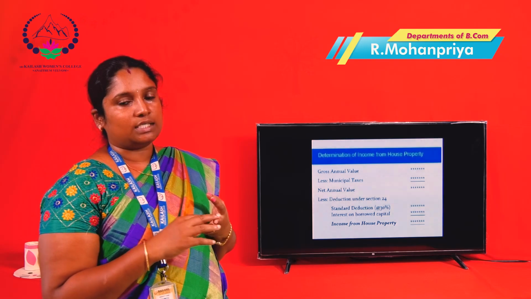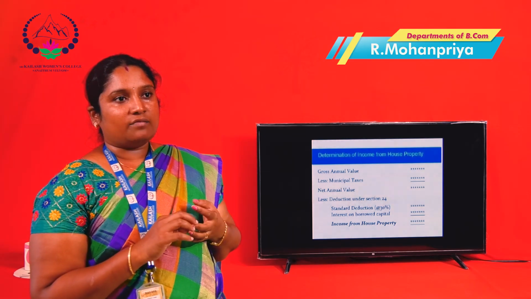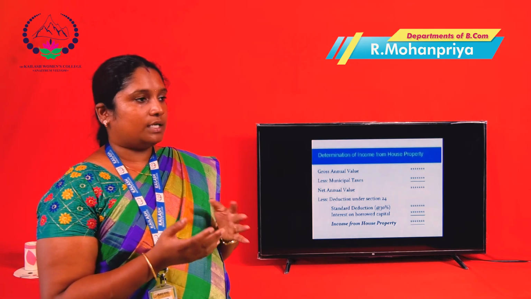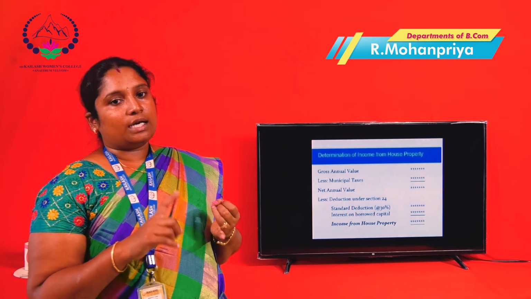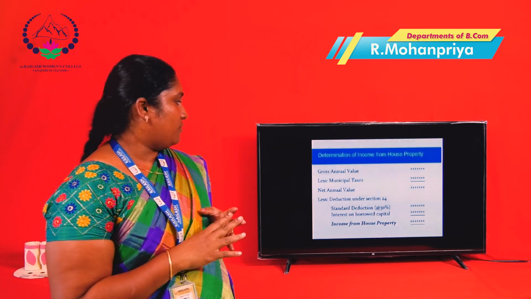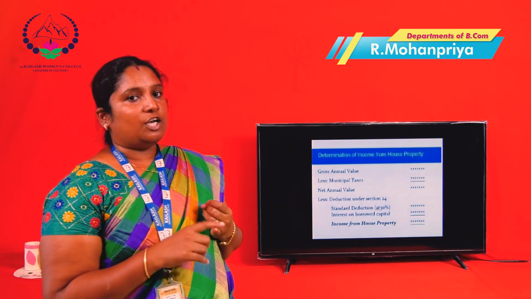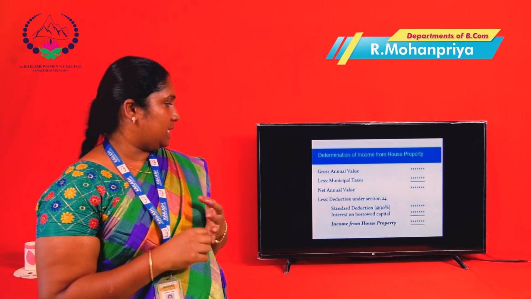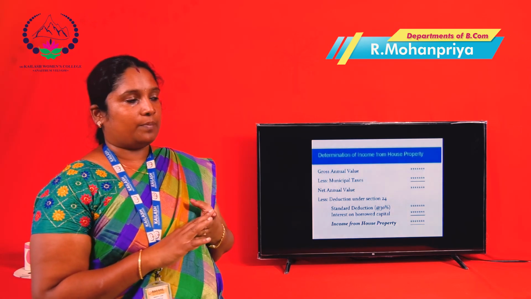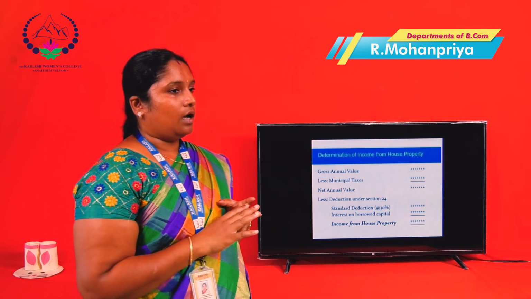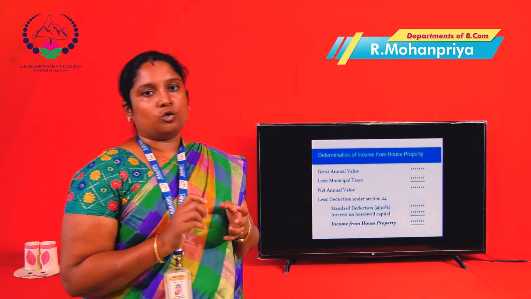The standard deduction is 30% of the net annual value, and interest on loan, interest on borrowed capital. All of these are deductions. So net annual value minus the deduction amount is equal to income from house property. That is how to determine the income from house property.